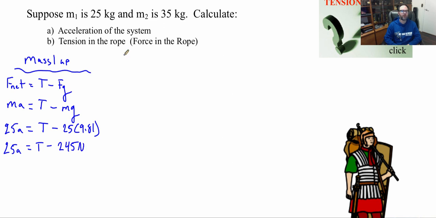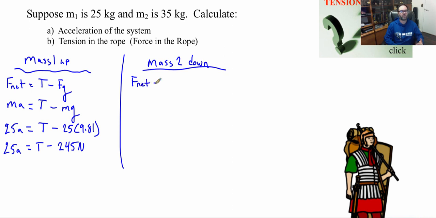Now I'm going to look at my other side where we have mass 2, which is going down. In this case, the weight of mass 2 is going to be greater than my tension. So I'm going to write F net is equal to my force of gravity minus my tension.